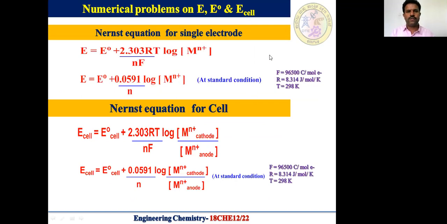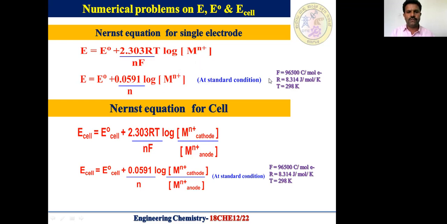So let's start the problems on E, E naught and E cell using Nernst equation for single electrode, that is E is equal to E naught plus 2.303 RT divided by nF log the concentration of electrolyte or metal ions.